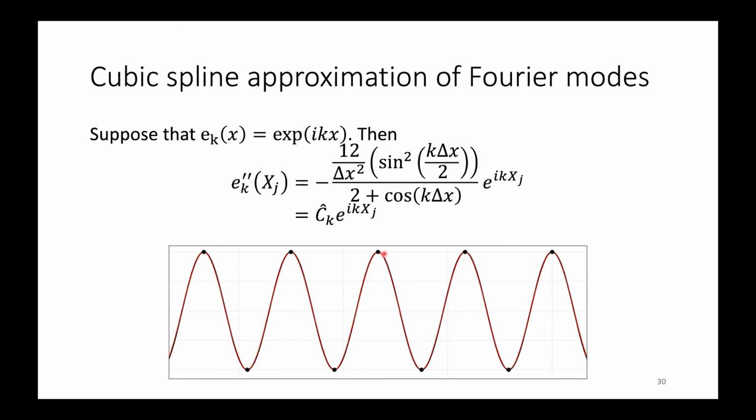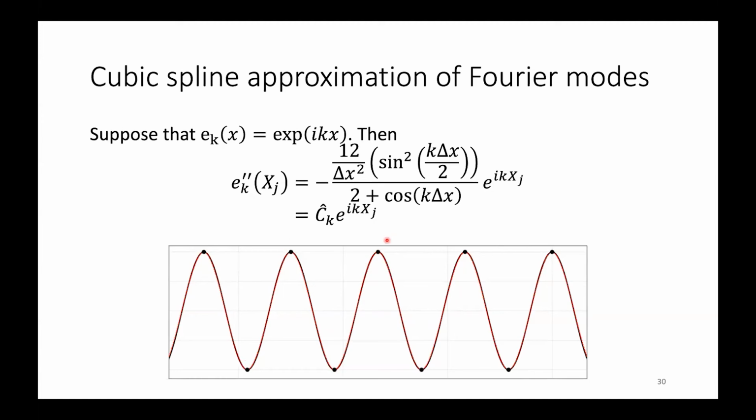So you can see that there are two nodes per wavelength. And I've constructed a cubic interpolating spline shown in dashed red here based on just the field values here. And you can see that they agree really, really well.